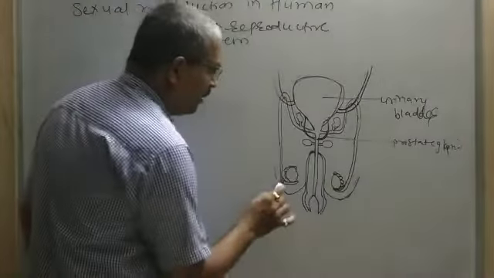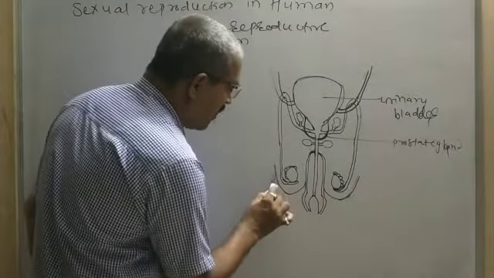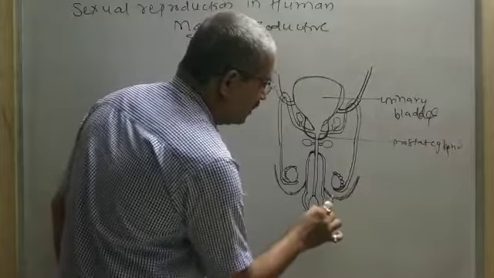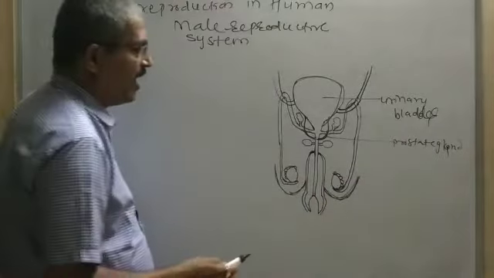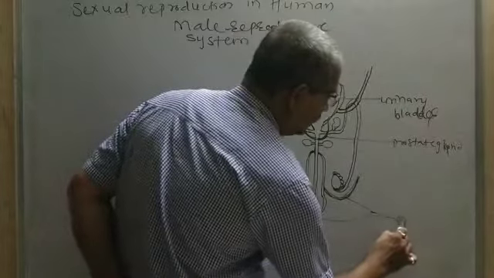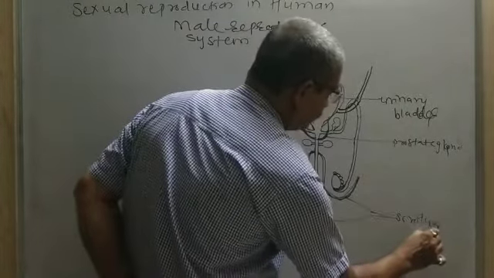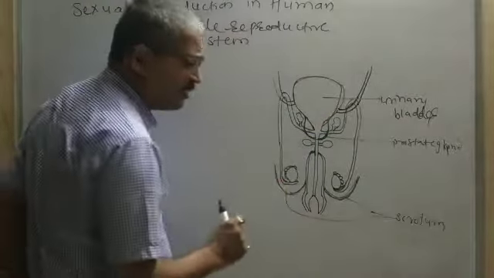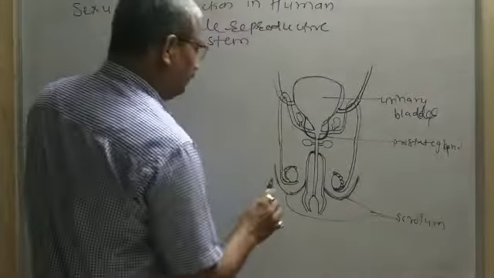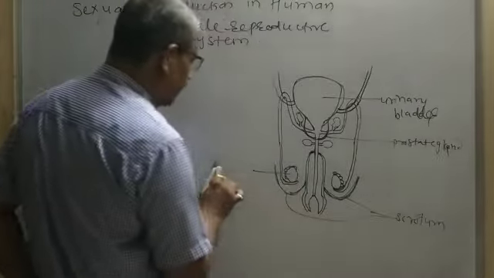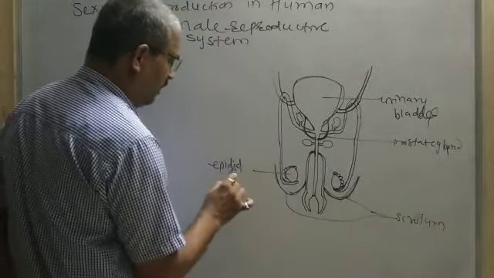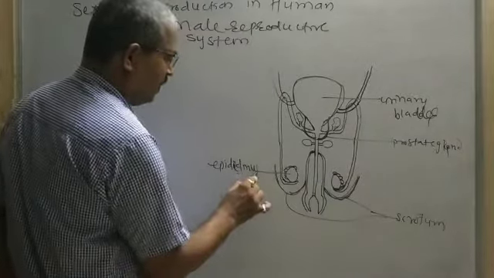Now this part, which lies outside the abdomen, outside our body, is called the scrotum. Then inside the scrotum, on each side there is a single part called the epididymis.